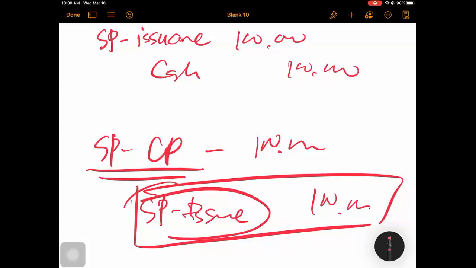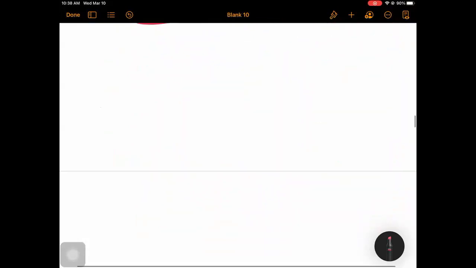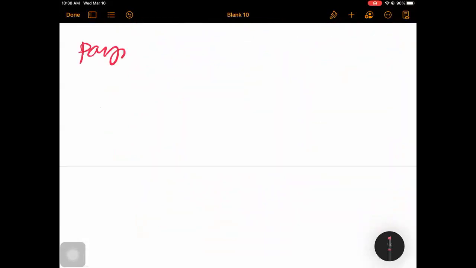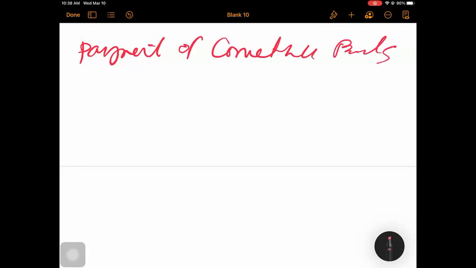So again, if you pay the convertible bonds at maturity date, there is no gain or loss. But what if you pay the convertible bonds before maturity? What if gibayaran nato before maturity? So, payment before maturity date.